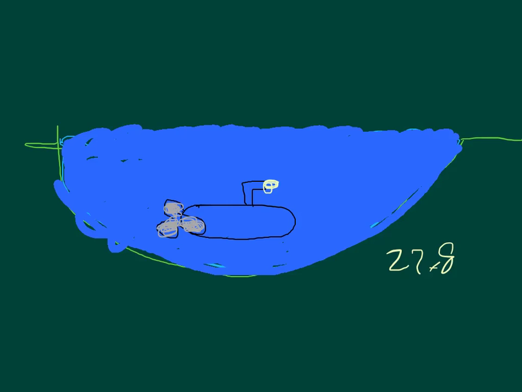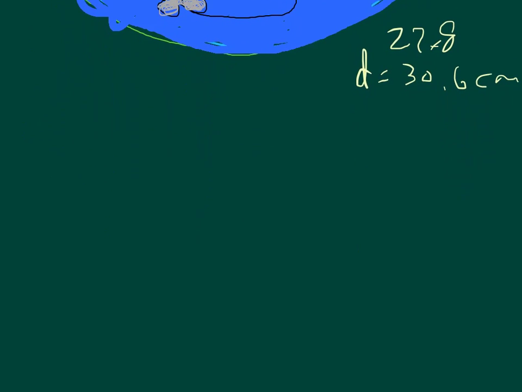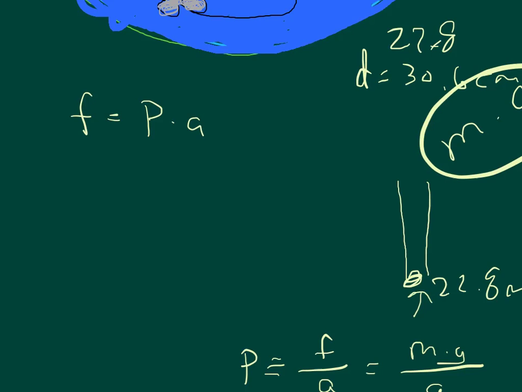It wants to know the force on that window if the diameter was 30.6 centimeters. So we can set up an equation for force. Force equals the pressure times the area. Our formula for pressure was the force divided by the area, and all we've done is multiply the area over to the other side.